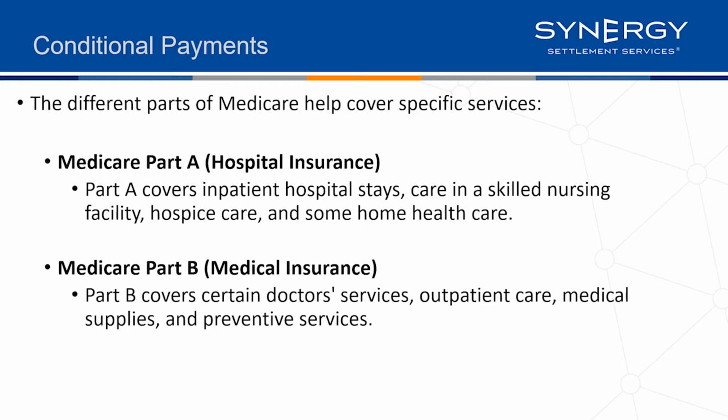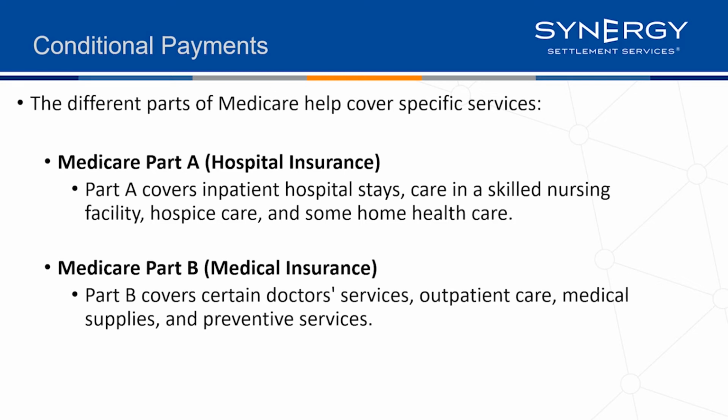There are also different types of Medicare coverage. So when you have a client who is a current Medicare beneficiary, you should identify the type of Medicare coverage they're enrolled in. So Medicare Part A is hospital coverage, and it covers inpatient hospital stays, care in a skilled nursing facility, hospice care, and some home health care.